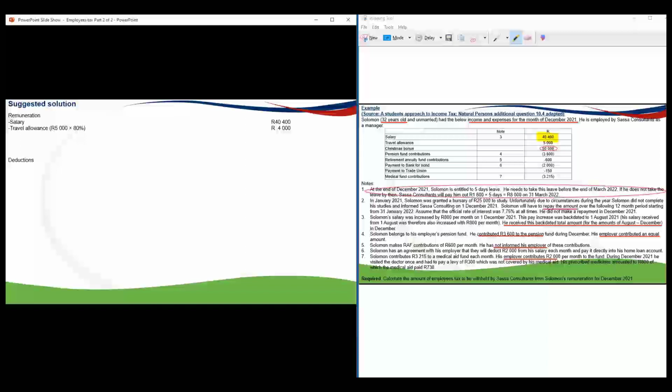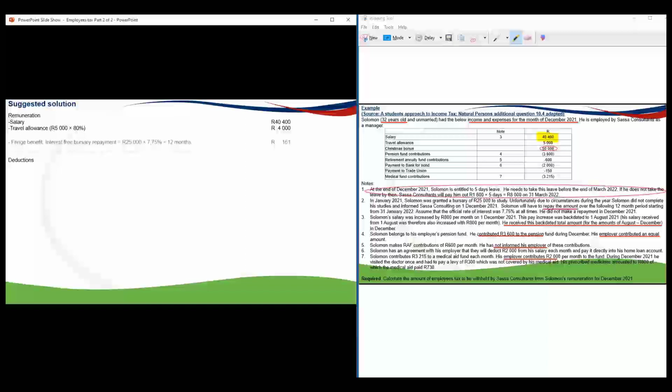At this point, we don't know how many kilometers are used for business purposes, so we cannot include only 20% of the travel allowance. We'll stick to the norm if we don't have the kilometers. Since we can't make the determination, we will take only 80% and include it in remuneration.